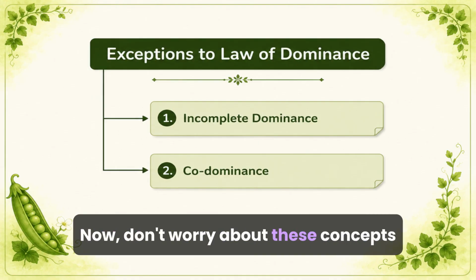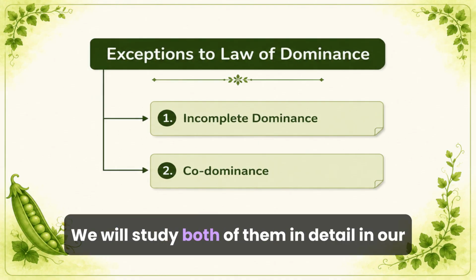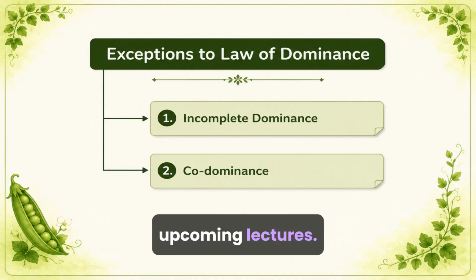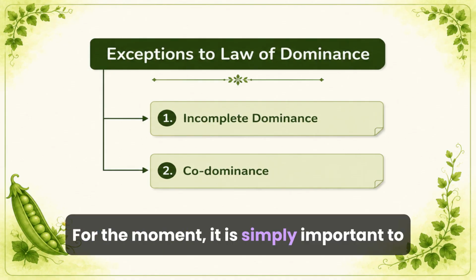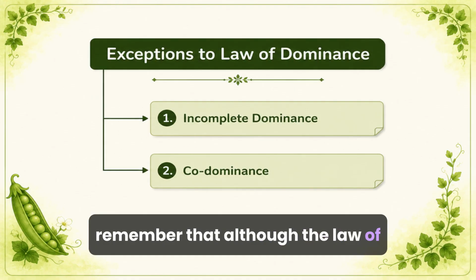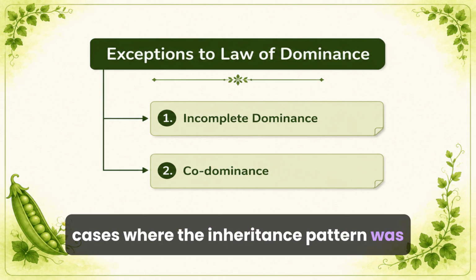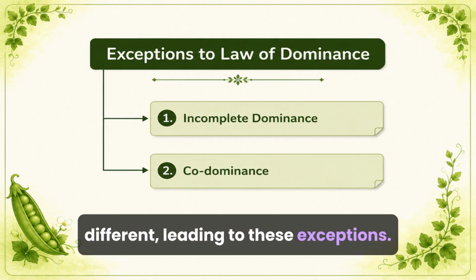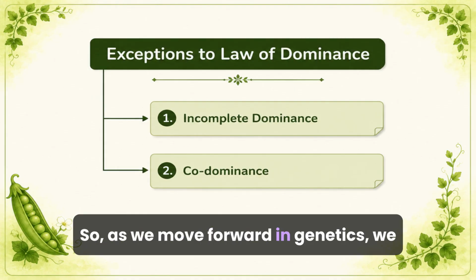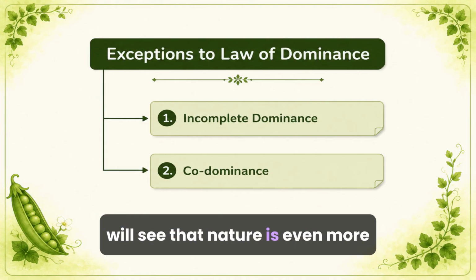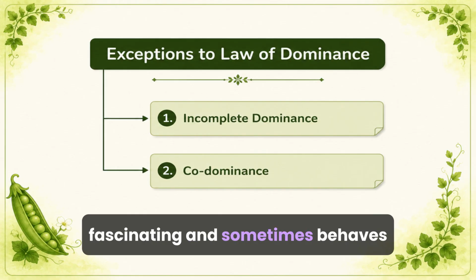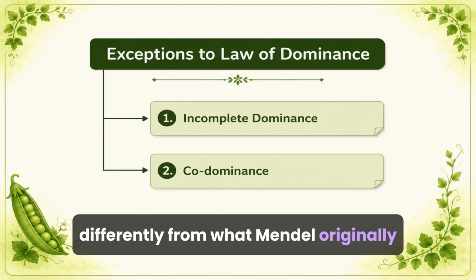Now, don't worry about these concepts right now. We will study both of them in detail in our upcoming lectures. For the moment, it is simply important to remember that although the law of dominance explains many inheritance patterns, scientists later found certain cases where the inheritance pattern was different, leading to these exceptions. So, as we move forward in genetics, we will see that nature is even more fascinating and sometimes behaves differently from what Mendel originally observed.